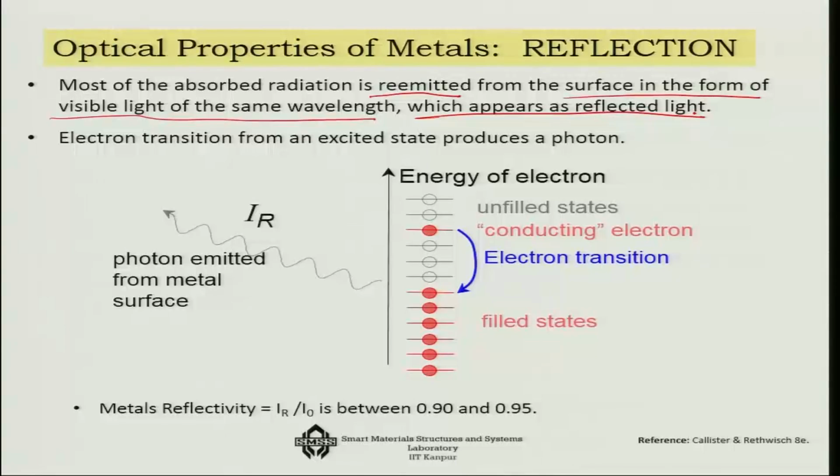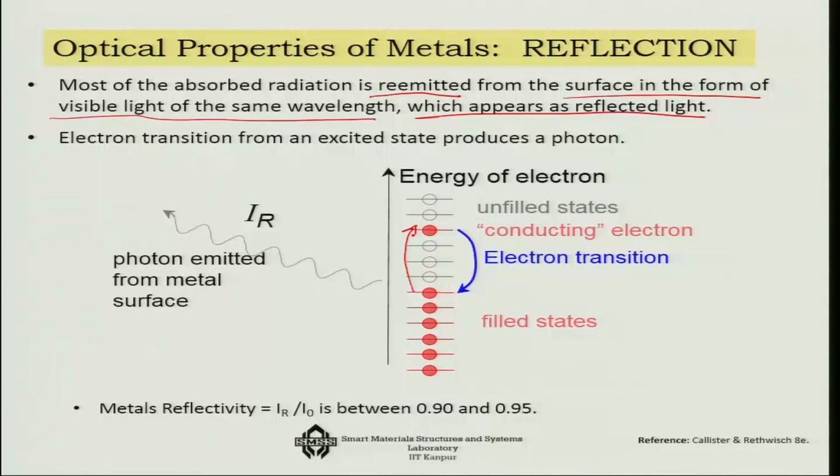The energy that is absorbed by this electron takes it to the high energy state, but it cannot be sustained at a high energy state. Why? Because minimization of energy or maximization of entropy is in the nature of every system.